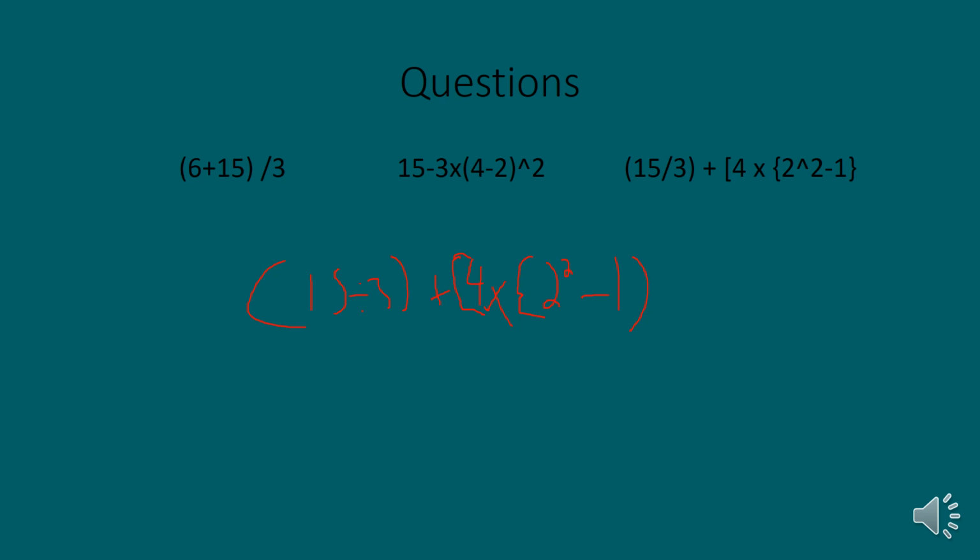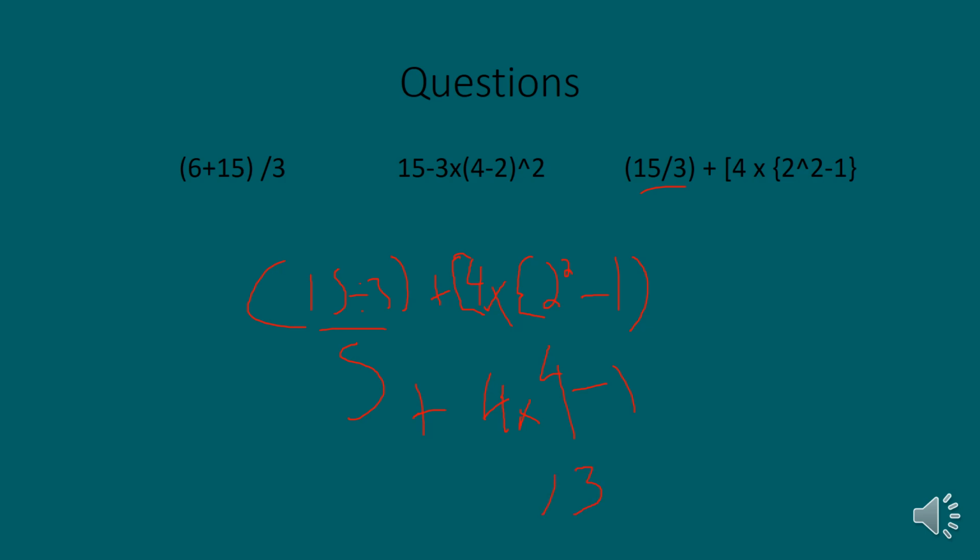So let's start from the start. What's 15 divided by 3? 15 divided by 3 equals 5, all right? Then we do the next brackets: 4 times 2 to the power of 2 minus 1. So let's do 2 to the power of 2. That's 4. Then we first do 4 minus 1, which equals 3.